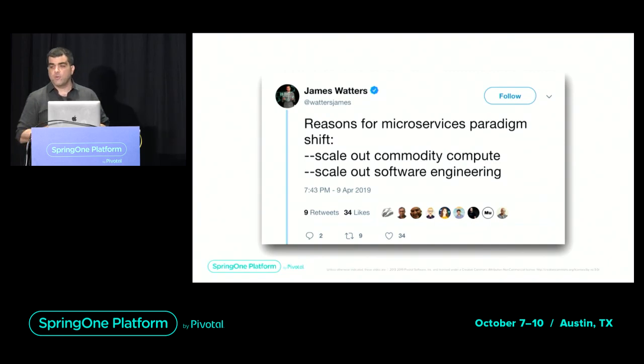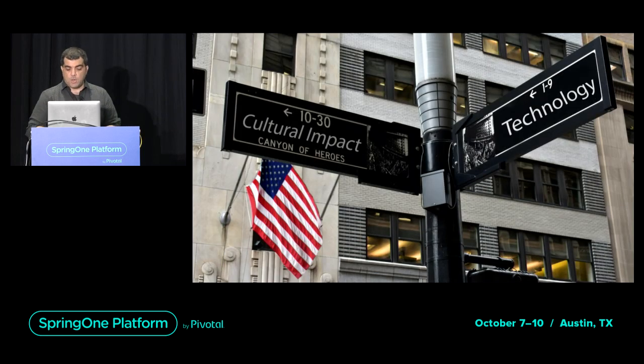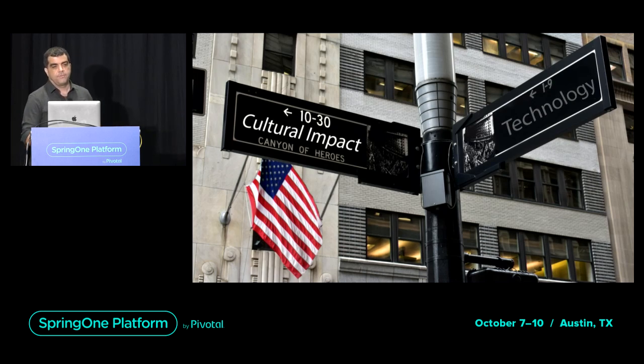To me personally, from what I've seen, this is a much more meaningful impact on an organization. Because for enterprises, this transition to a microservices architecture lives right at the intersection of technology and cultural impact. It's right there. So let's talk about the cultural impact.